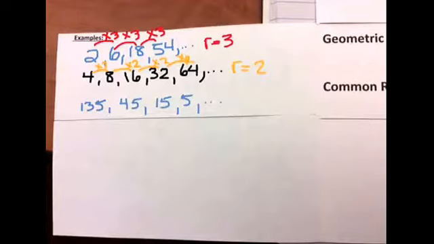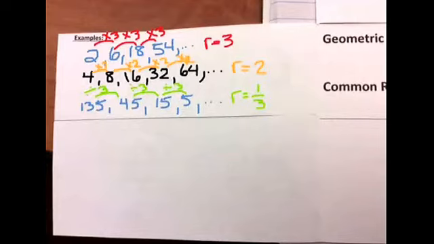They're decreasing because it's being divided by 3. 135 divided by 3 is 45. 45 divided by 3 is 15. 15 divided by 3 is 5. So our R, this time, we're dividing by 3, so it's going to be 1/3.